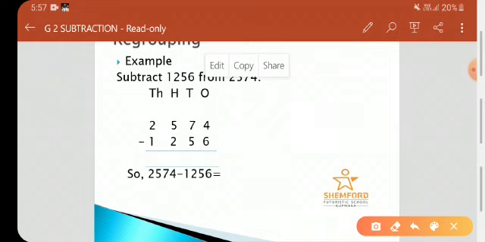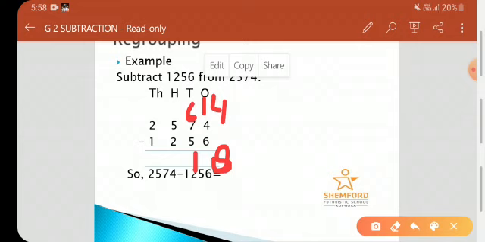Okay, here it will become 14, and here it will become 6 tens. 14 minus 6, that is 8. Okay, now tens. 6 minus 5, that is 1.